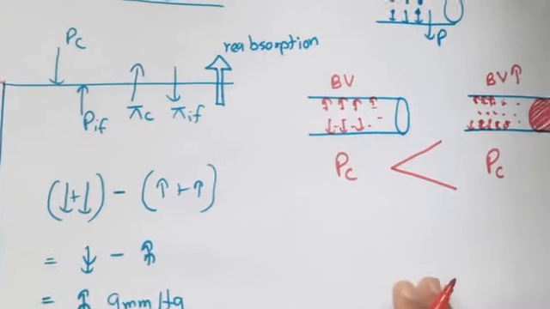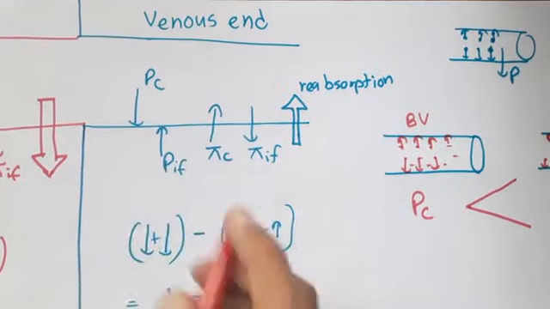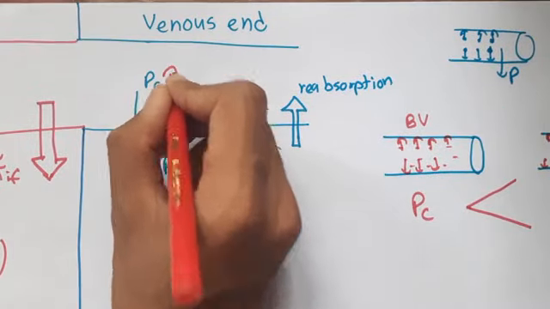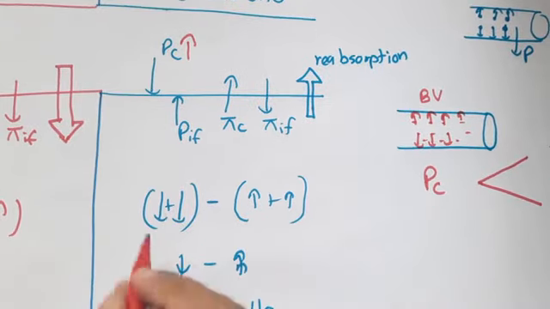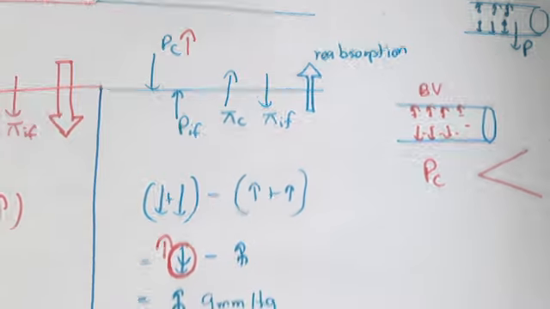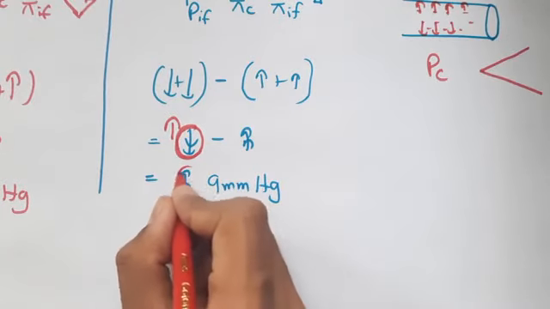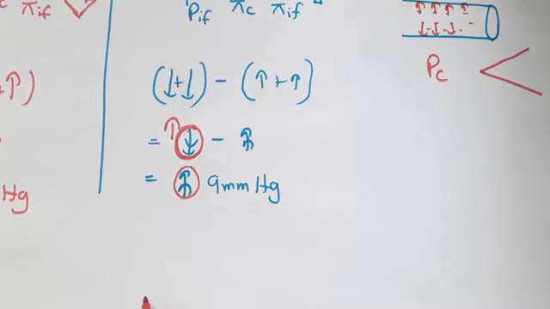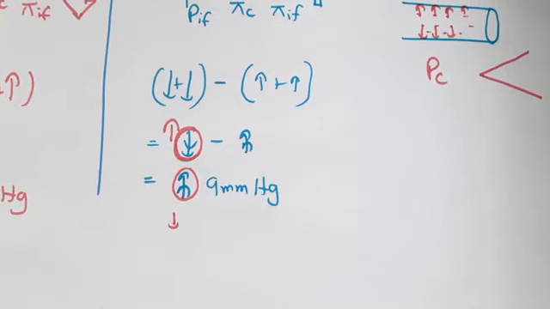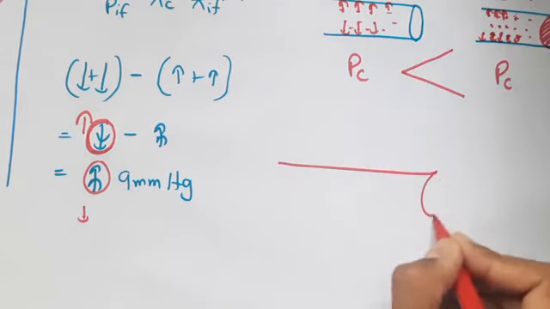Now let's move on to our calculation. This PC value rises. PC rising means the net downward force rises. As a result, what happens to reabsorption? It reduces. Less reabsorption occurs at the venous end.